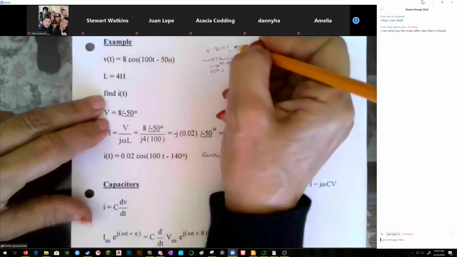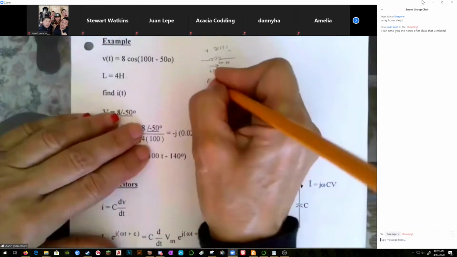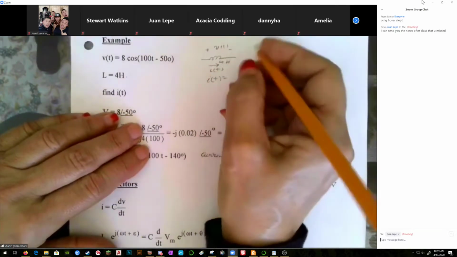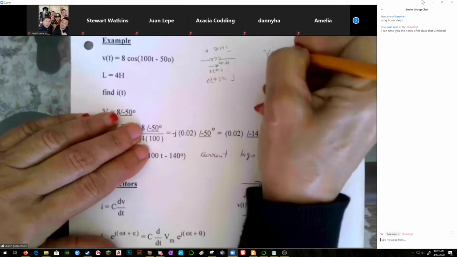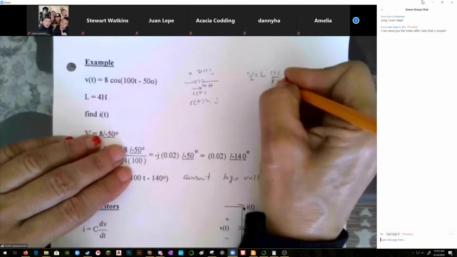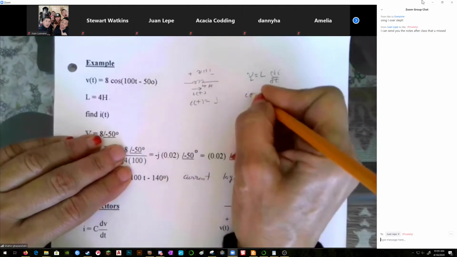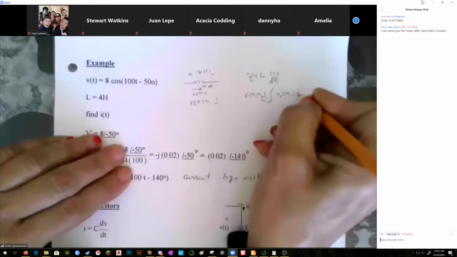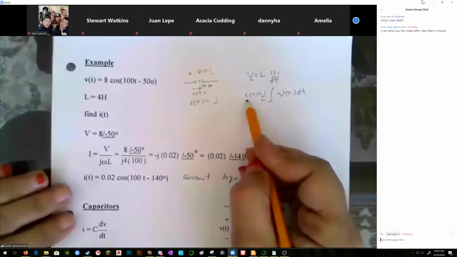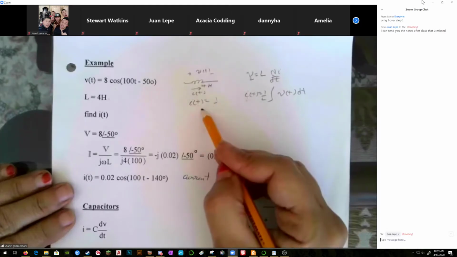If I ask you to get the current in the time domain, what do you need to do? Integrate it, no? Because v_L is L di/dt, or i is 1 over L times the integral of the voltage. So if I want to get the time domain, I need to integrate.